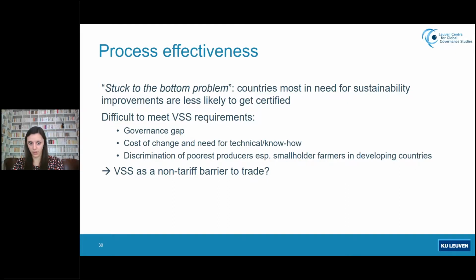And the fact that they are not certified actually can also be a barrier to entry on some markets that are more sensitive to sustainable production. So in that sense, VSS can also act as a non-tariff barrier to trade in some cases. And so this stuck at the bottom problem actually skews a little bit the adoption levels of VSS, because they don't take into account the poor farmers that cannot get certified.